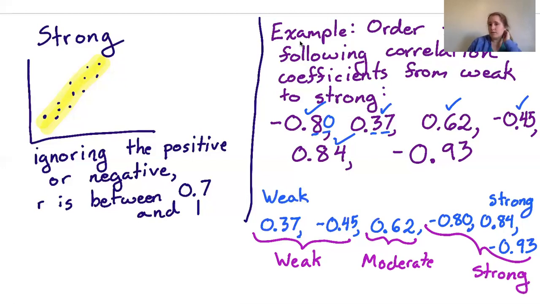So this is just some basics of how we read the correlation coefficient. In our next videos, we'll look at specific examples in context and how we can interpret it both in terms of strength and direction, as well as what that means for the relationship between the variables.